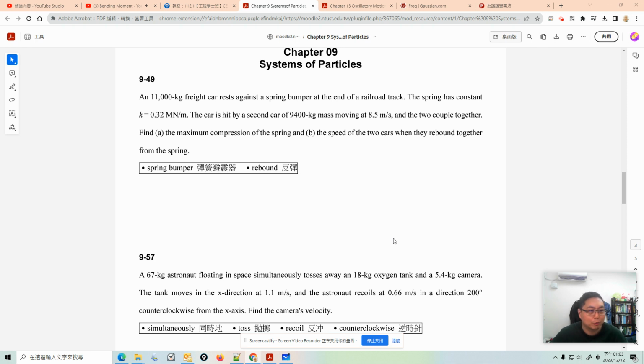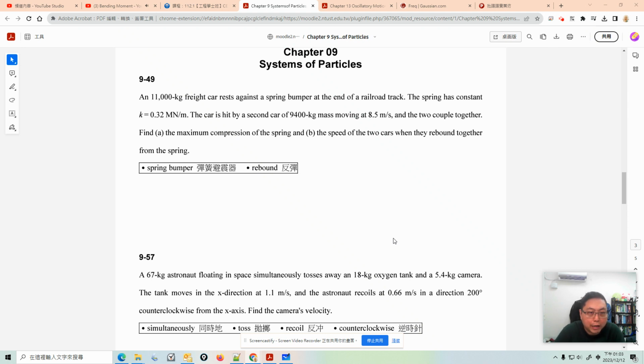read this problem description. It says a 1100 kilogram freight car at rest is against a spring bumper at the end of the railroad track. Let's just say there is a freight car with a spring attached to it. I will show you the schematic picture later.